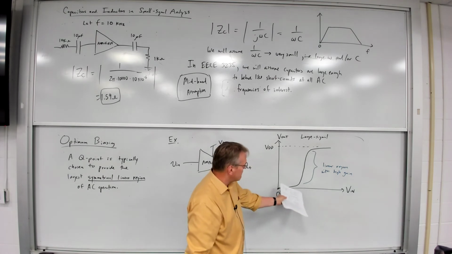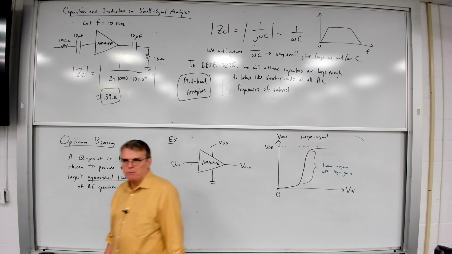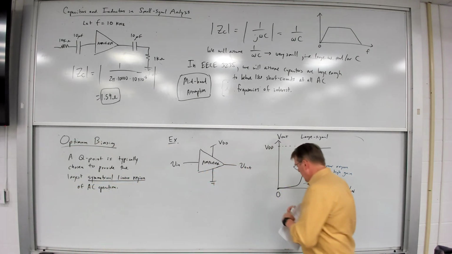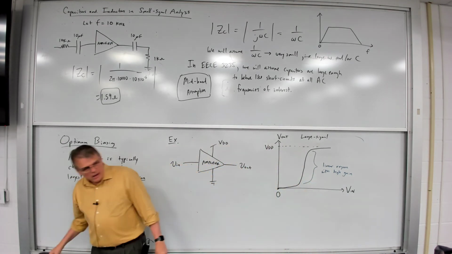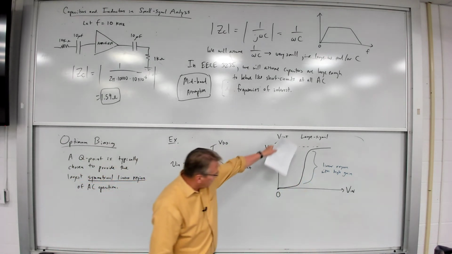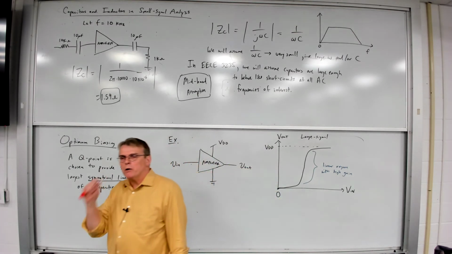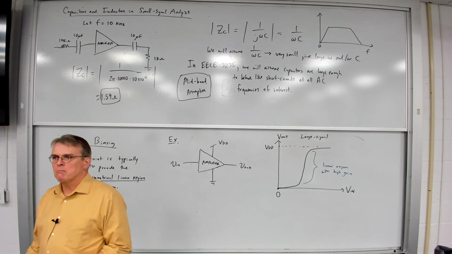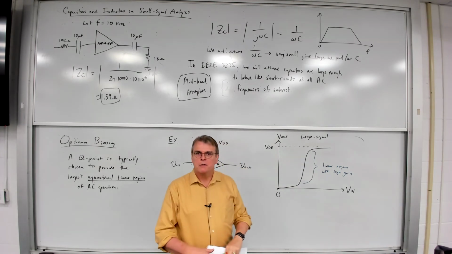So changing Vin causes a large shift in Vout. That's what we want from an amplifier. Okay. Now, you think about it. Where do I want to bias my amplifier? Where do I want to choose my Q point for my input and output voltages? Well, clearly I want to choose the Q point somewhere in that linear range.